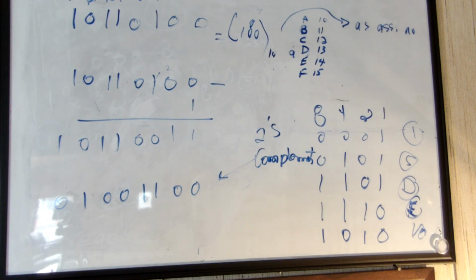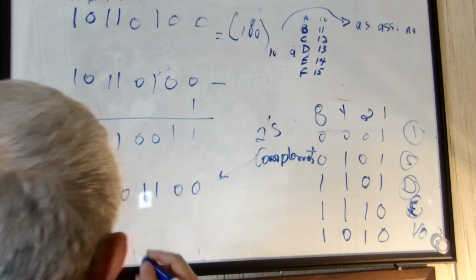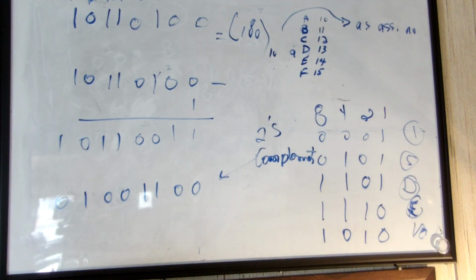There are many other questions that we talk about. So let's talk about what is the biggest positive number one can represent in 5 bits of memory. 5 bits, 2's complement.